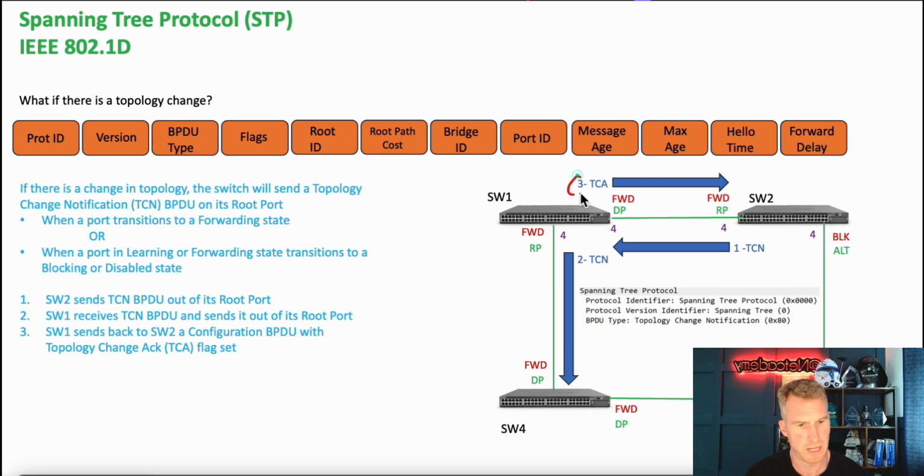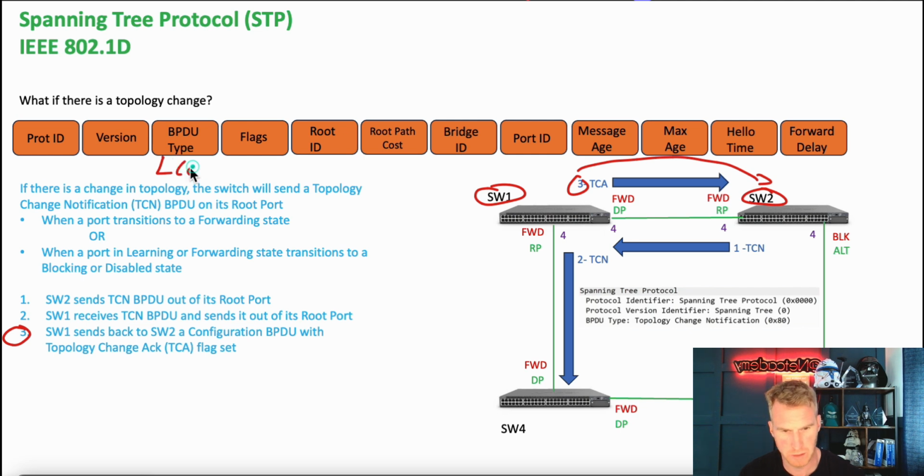And the third step, as you can see here, is that SW1 will send back to SW2 its topology change acknowledgement. So here it's going to have a BPDU type of configuration. But here in the flags field, we're going to give the acknowledgement.